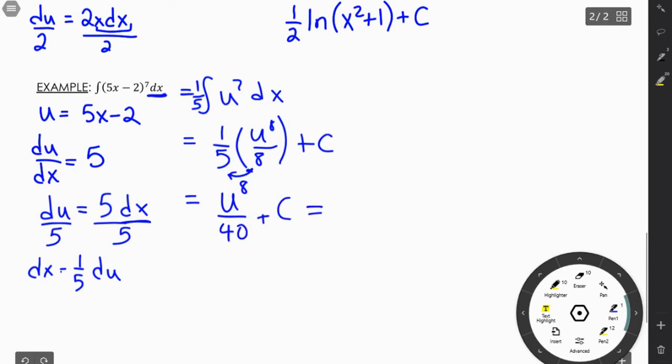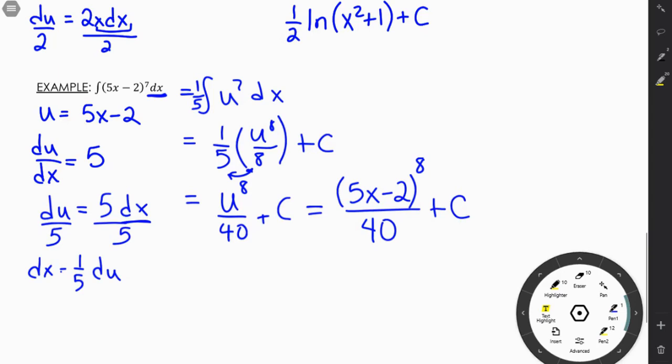Then I substitute in my u, which is 5x minus 2, so that becomes 5x minus 2 to the 8th divided by 40 plus c. And you could do this u substitution with definite integrals, where you're evaluating between 2 points, but that is how we do integrals and trig, especially where we focus on the u substitution.